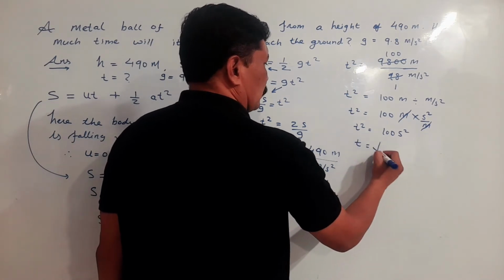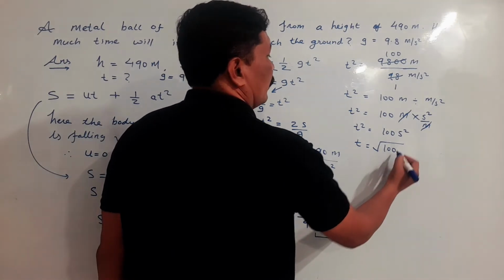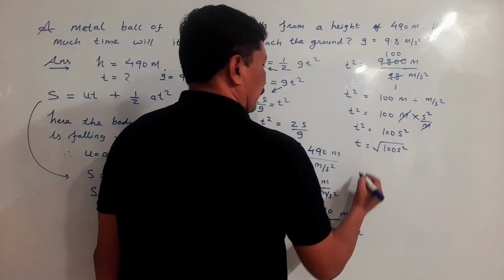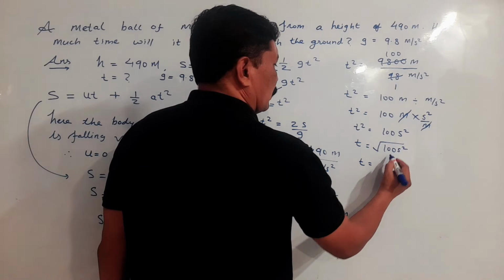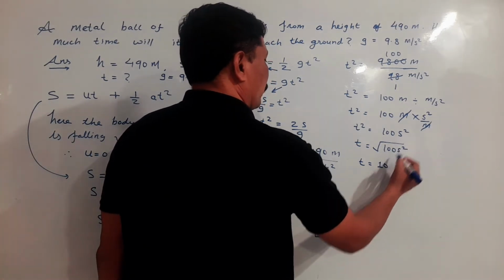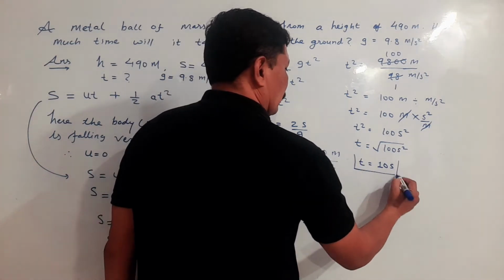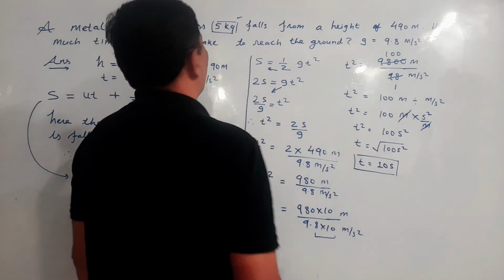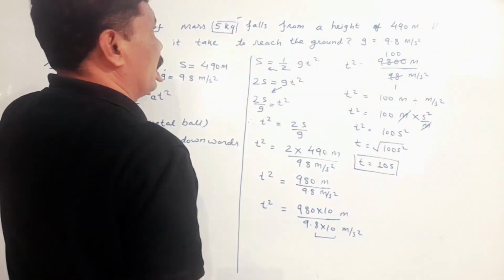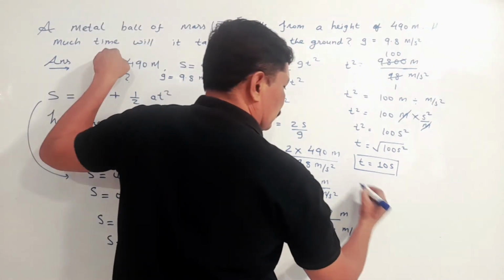T is equal to under root 100 second square we can take. So T is equal to 100's root is 10, second square will be second. So time taken is 10 seconds. So my dear student, we can write the answer.